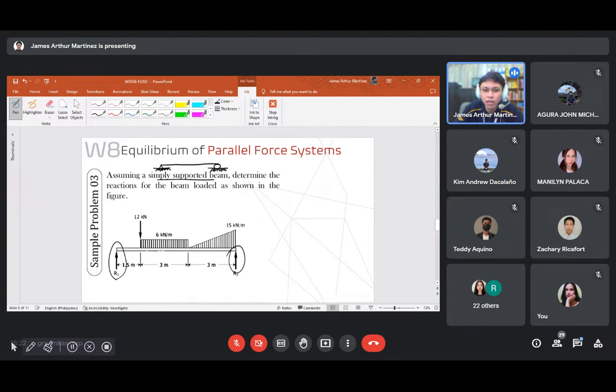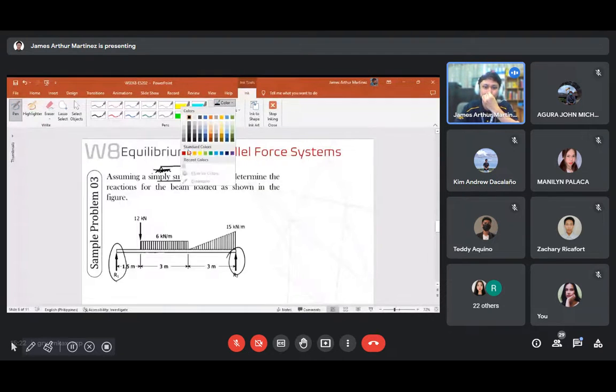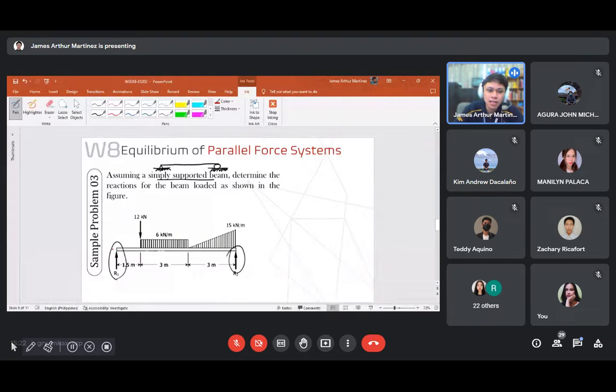Okay, so hinge and roller nga supports. So, since niingon man siya nga simply supported beam ang ato ang figure here, it is also safe to assume nga kani siya is hinge, then this one is a roller.